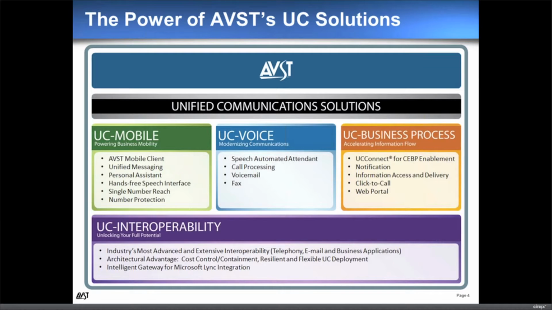But the platform itself is really built on these four piers that you see here. And the capabilities and functionality surround these four general areas. You see voice, which really covers the traditional applications of a system like ours: voicemail, call processing, automated attendant, some fax applications, things like that.